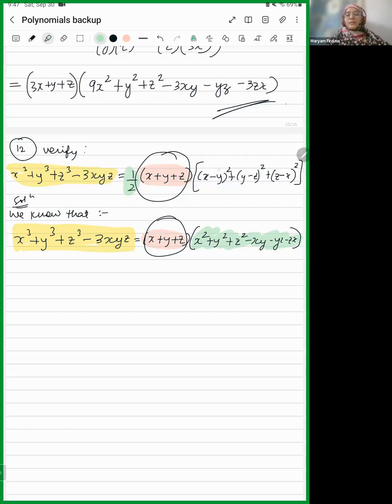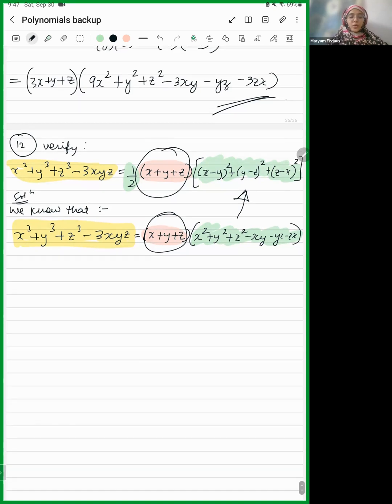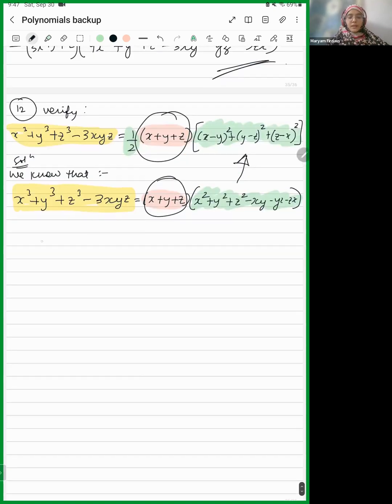This is additional. And this thing, x minus y whole square, y minus z. So from here we are supposed to get this thing. Okay, so let's try to solve this. See, before I give you guys a hint, try it yourself. Tell me, just think about it. How can we go from one thing to the other thing?